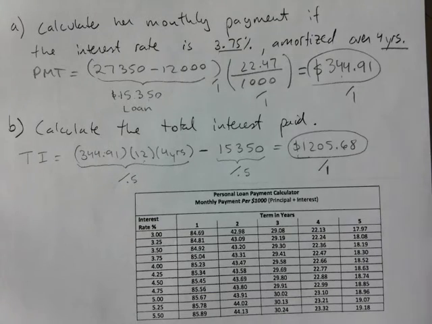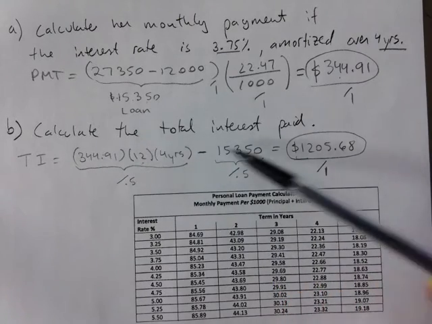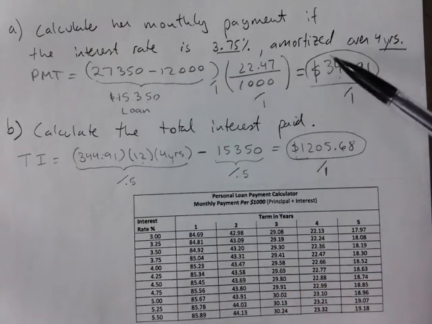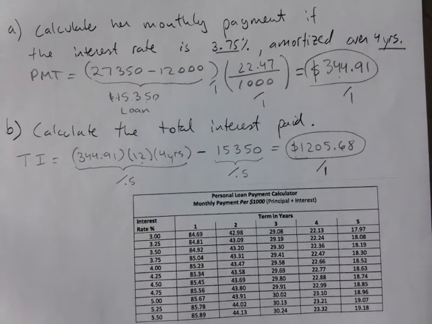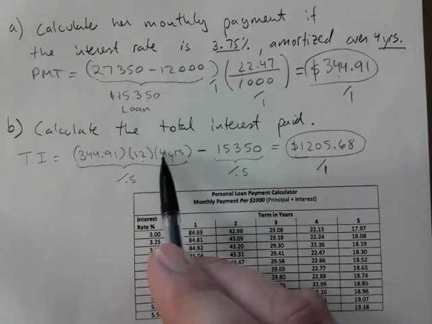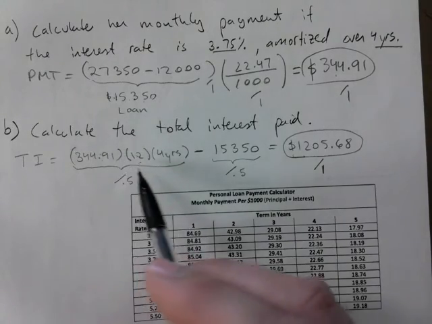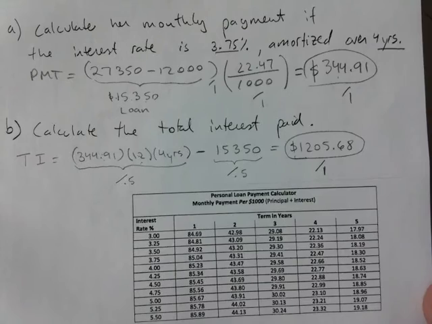Whatever payment you got, let's say you got 500 and something, you bring that with you. I honor the steps, right? So if you're using what you did before, no problem, we give you the marks there. This here is also called total paid to the bank. This is what you will have paid the bank over 48 months, right? So remember that.